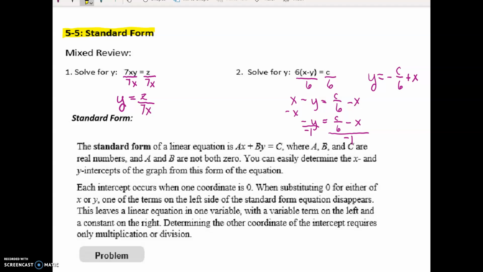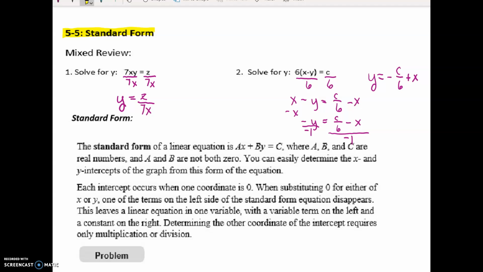So that's why you end up with y equals -c over 6 plus x, because that -1 changed the signs. So just a little refresher there, maybe a little bit of different types of problems than we had done previously.